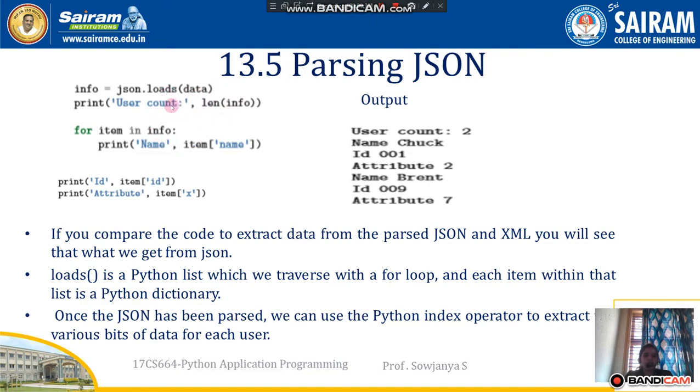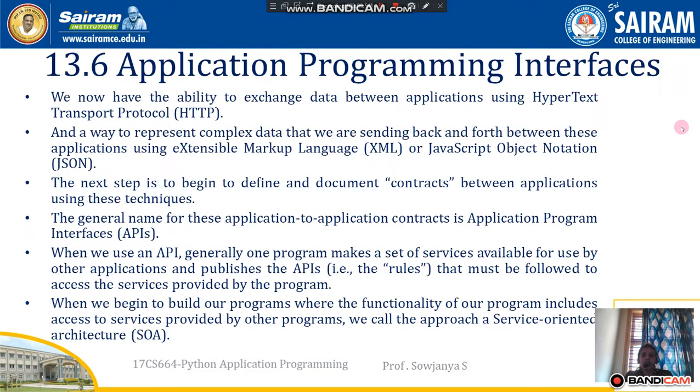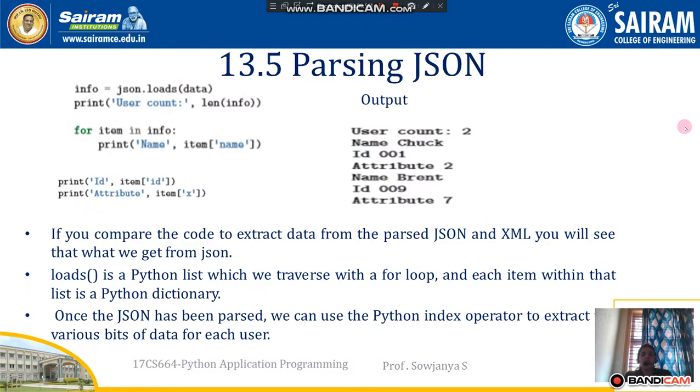It finds the length of that info, it finds the items, and then each item is printed here. Once this JSON has been parsed, we can use the Python index operator to extract the various bits of data for each user. So this is how we can parse any data or information using JSON. So that is about parsing JSON.